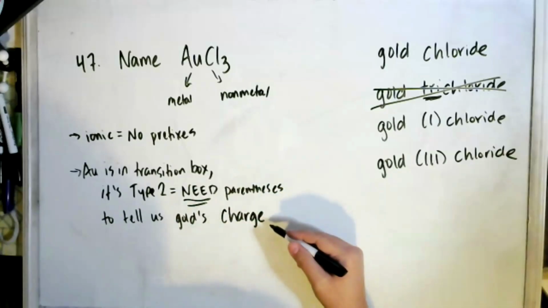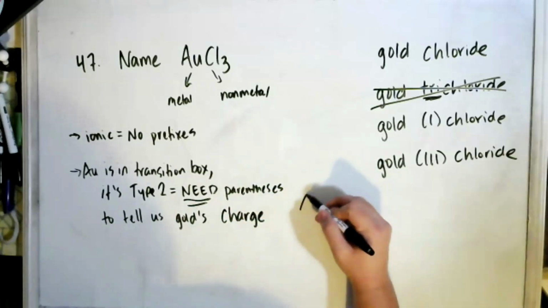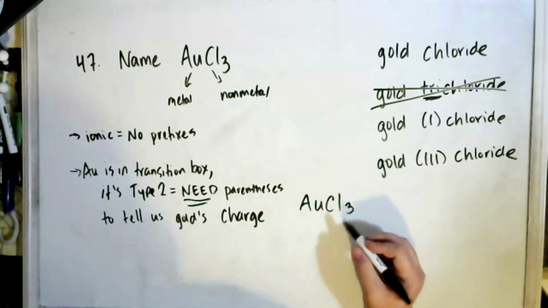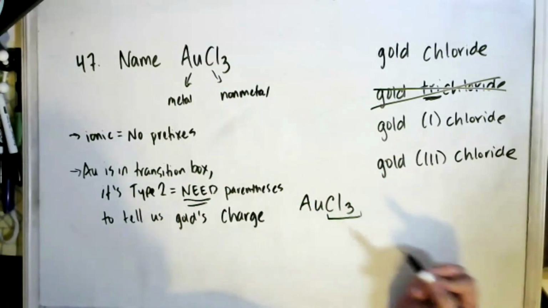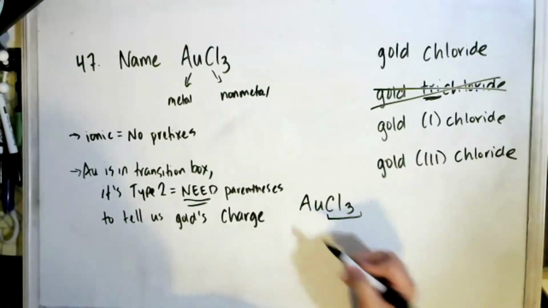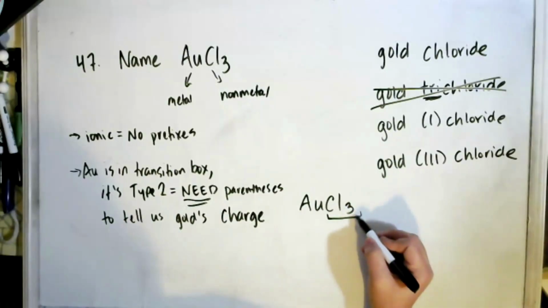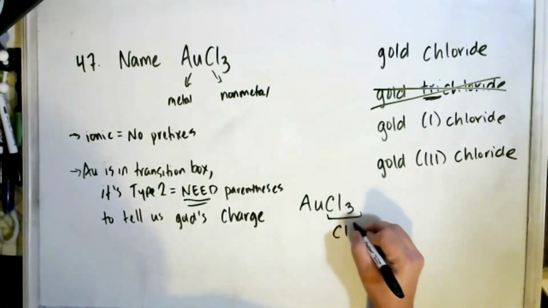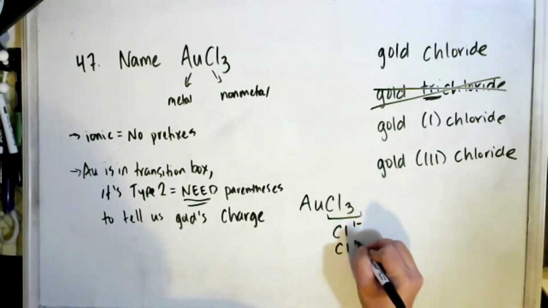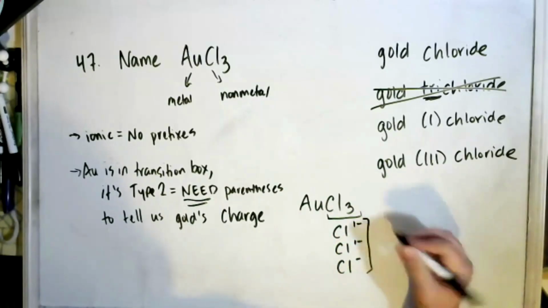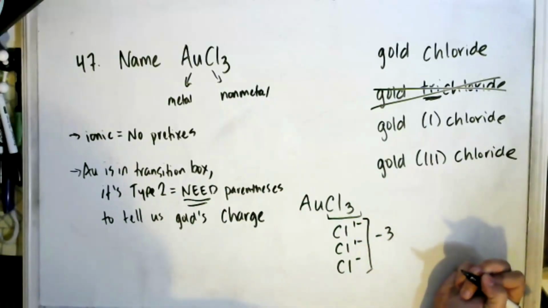And to figure out what the charge is, we have to go back to its formula. And we have to use our anion to figure out what our metal is. We have 3 chloride ions. Each chloride ion has a -1 charge. And that means that the total negative charge here is going to be -3.